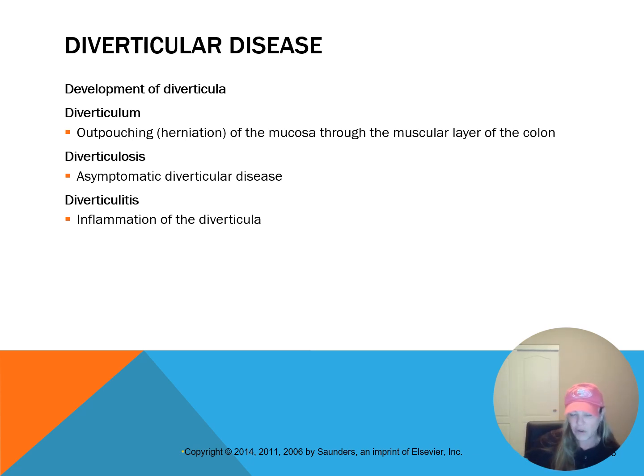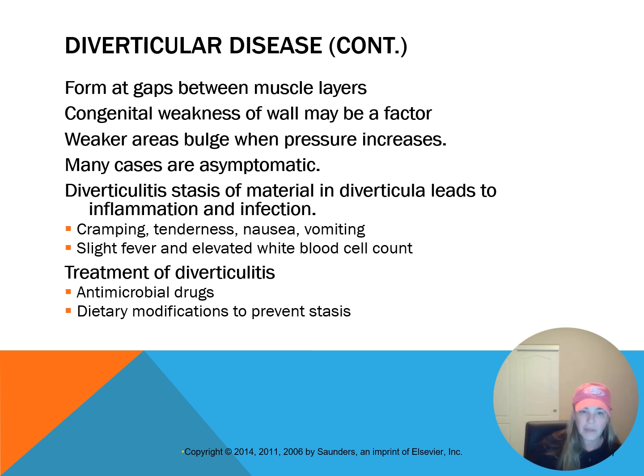So basically a herniation is just a pouch coming from whatever mucosa or epithelial layer is being affected. Diverticulosis is asymptomatic diverticular disease, but diverticulitis is when that diverticula becomes inflamed and that causes a lot of pain.